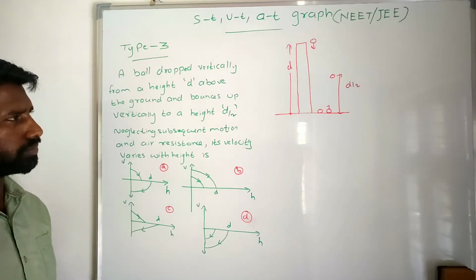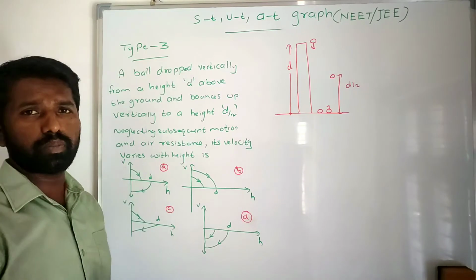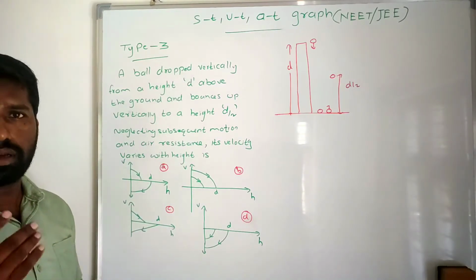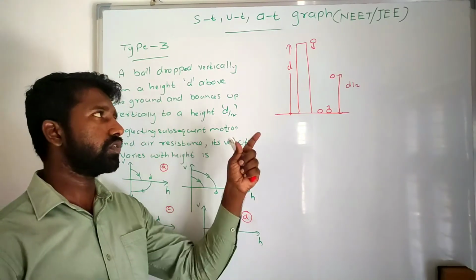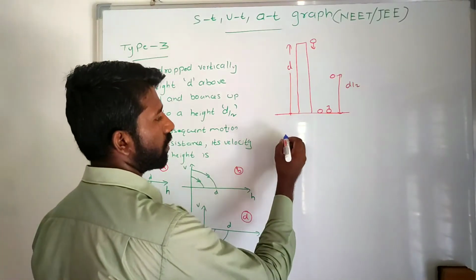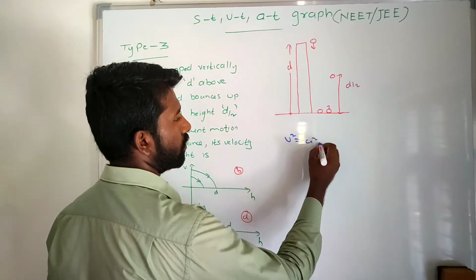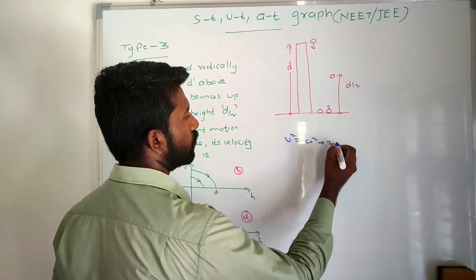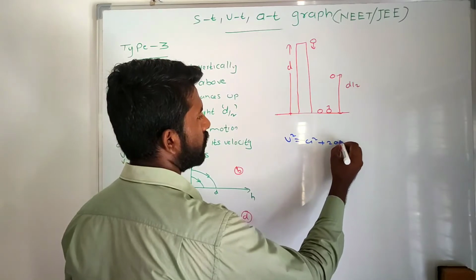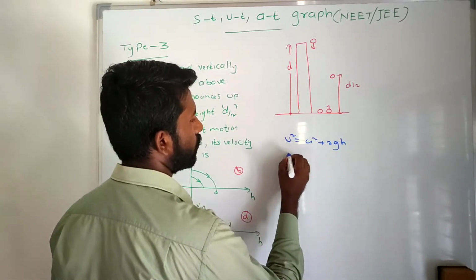If a body is dropped from a particular height, what type of motion is that? That is uniformly accelerated motion. So we will write the equation: v square is equal to u square plus 2gh. What is the u value?